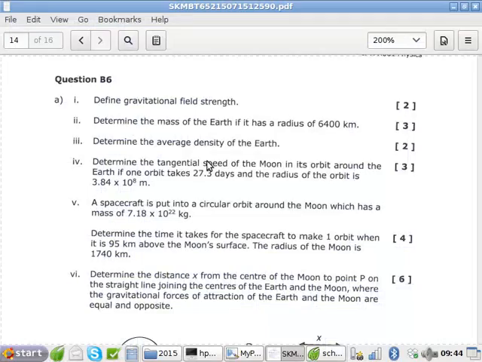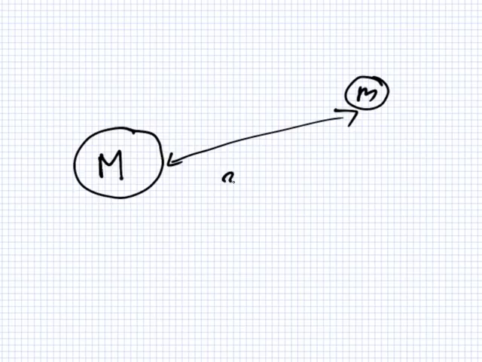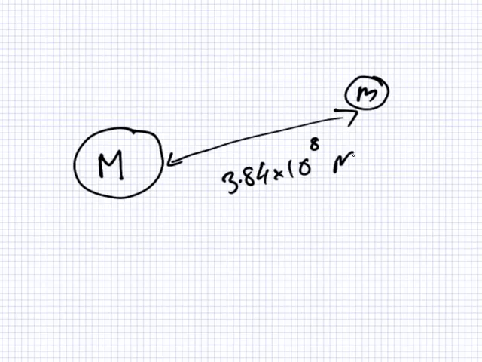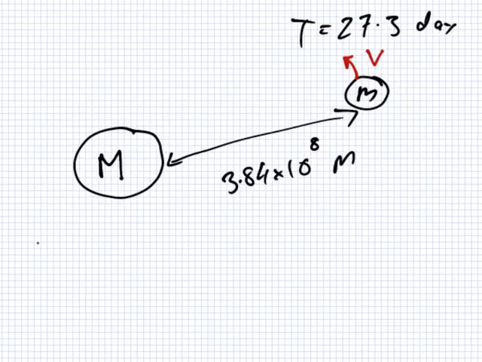It's 3.84 times 10 to the 8 meters. We also know the time here, it's 27.3 days. And we want the velocity the moon is travelling at. So we have the formula v equals omega r, and omega is 2 pi over T.